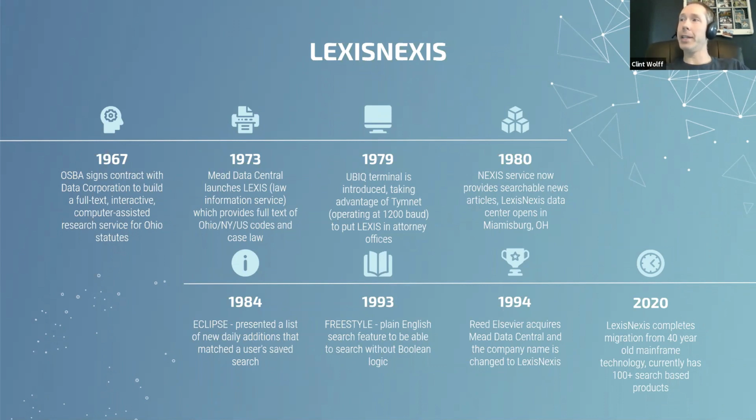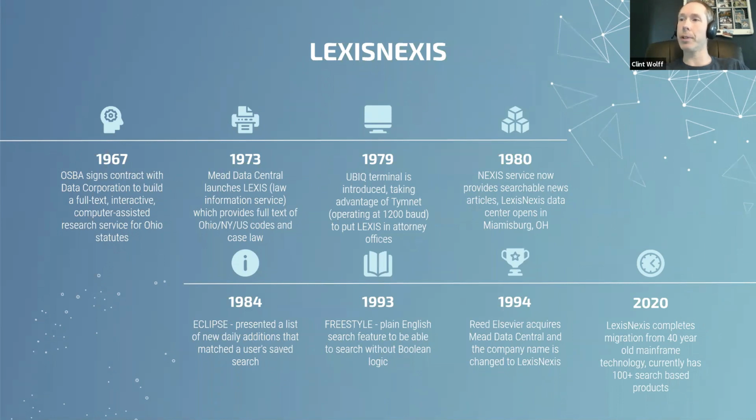In 1980, they launched a service called Nexis. So whereas Lexis searches over law information, Nexis searches over news articles. And also in 1980, they built a data center here down the road from myself, which is still there now. And then 1984, I handpicked, of course, there's a lot more to this history that I'm not going into, but a couple features in '84 and '93 that I thought were pretty neat, given the date that they were implemented.